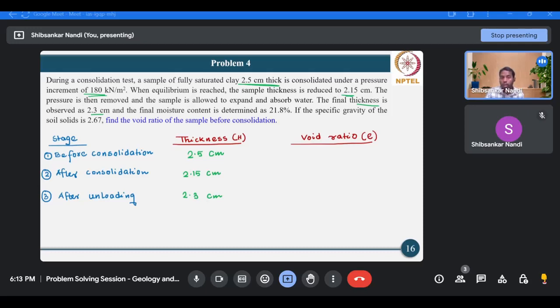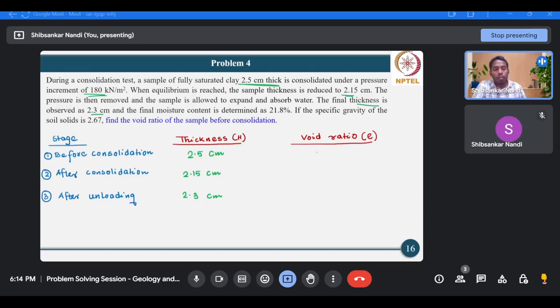So it's not increased to the original value. The settlement which occurred in the sample is not exactly regained due to the unloading operation.